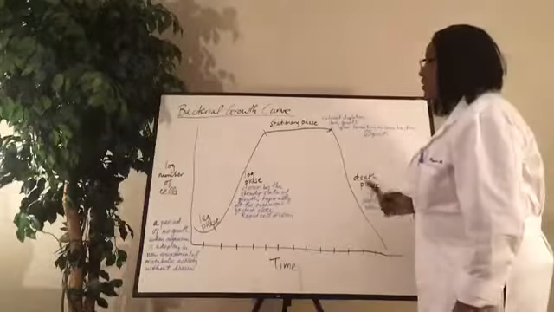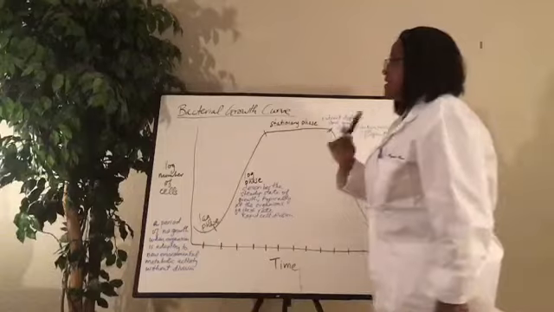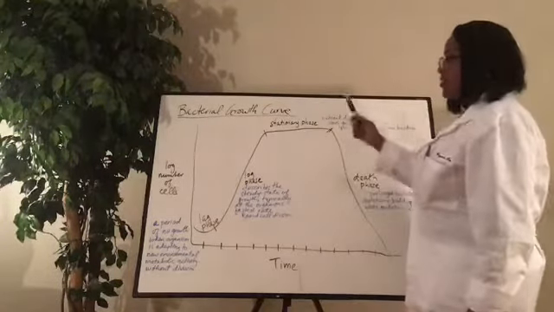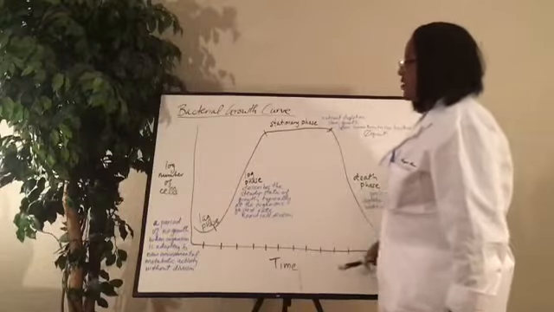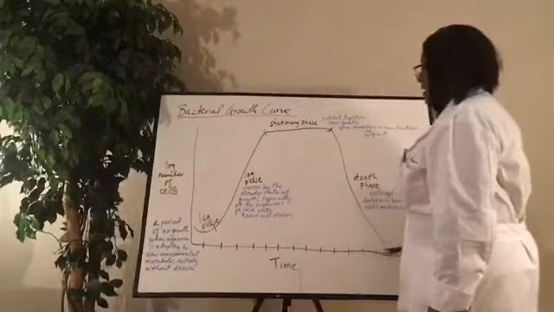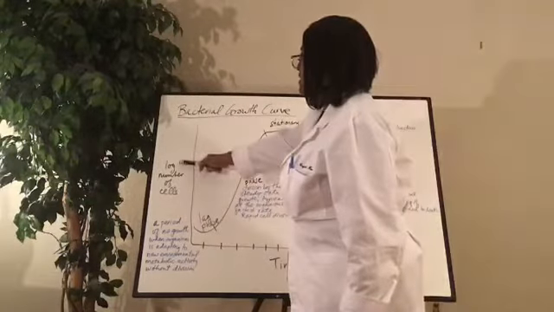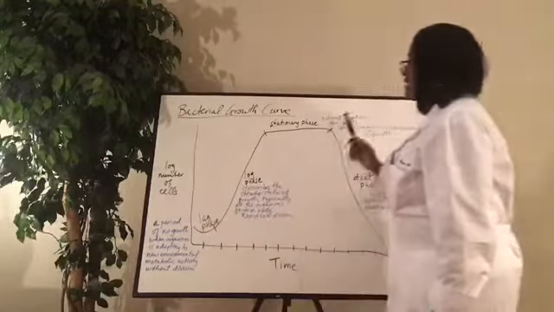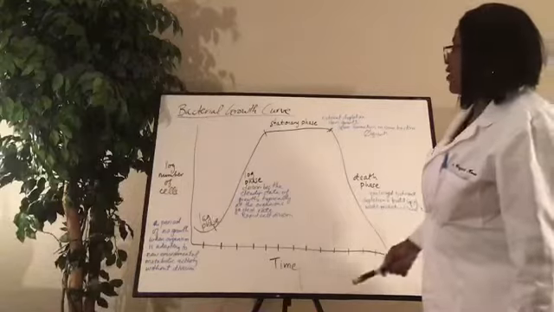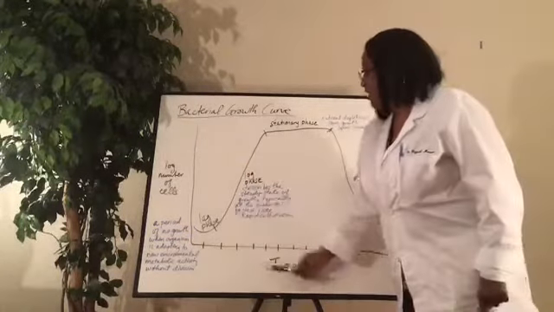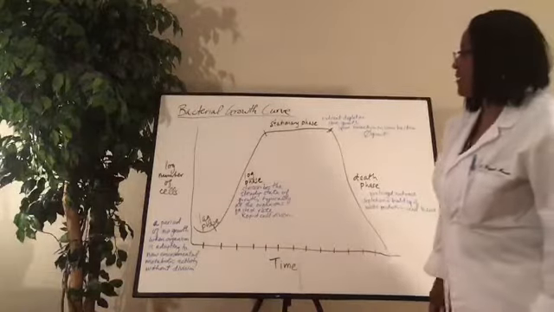I just wanted to share this with you so you understand something about bacteria. Here, always know your axes, your X and Y axes. So here's the X, which will be time, and the Y axis is the log number of cells there. So we're going to look at the log, in other words, the exponential number of cells over a period of time.